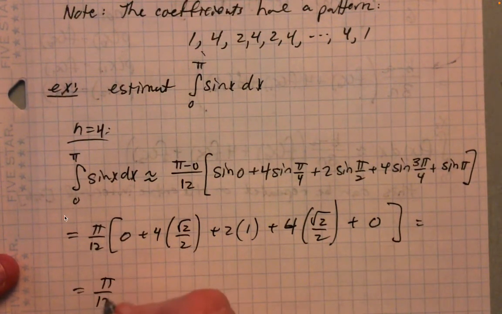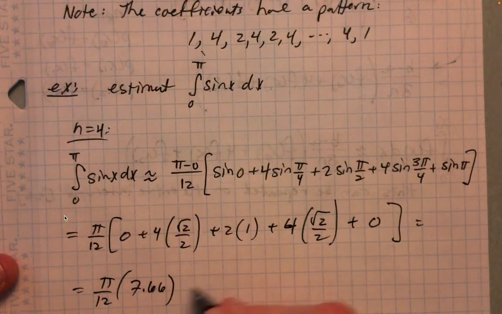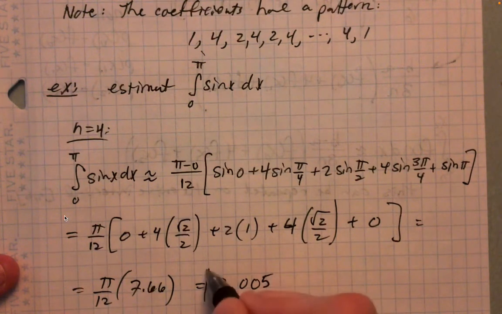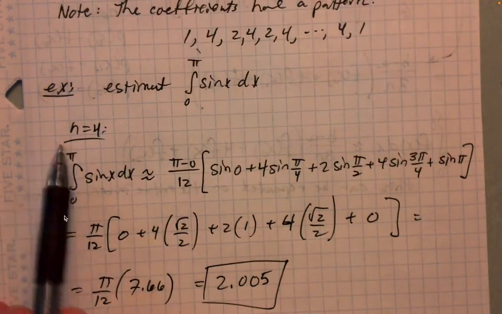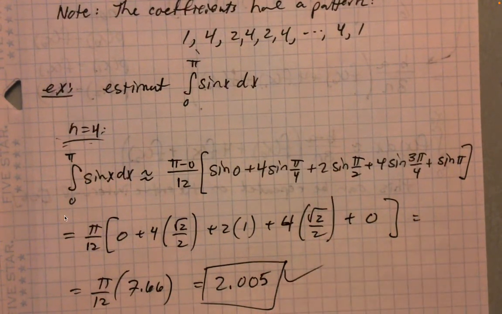And so adding all of these up, you get 7.66, and all together you get 2.005. All right, so even with only n equals 4 intervals, you still get a very tight approximation.